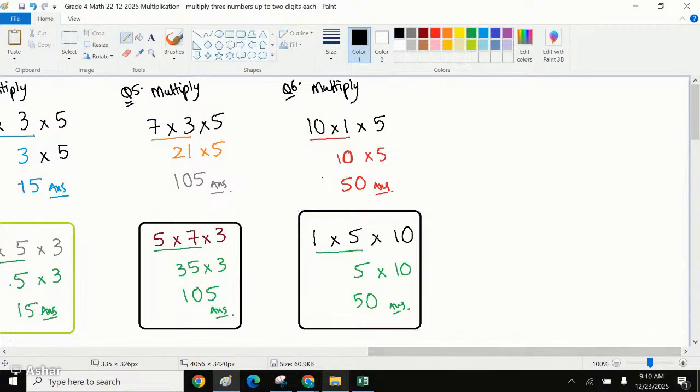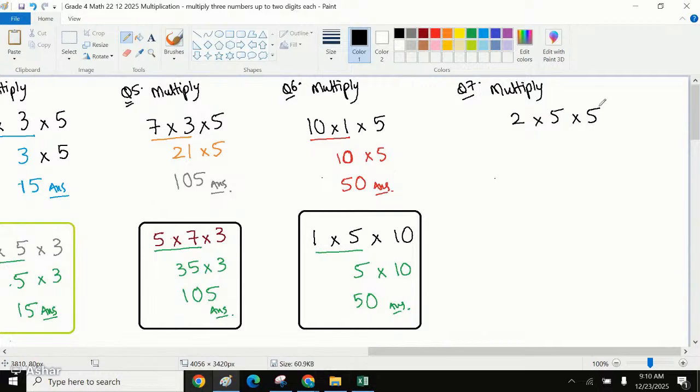The next question, question number 7. Let's try question number 7. Okay, the next question says 2 multiplied by 5 multiplied by 5. See, it would not make any difference if it's written in a different order, right?